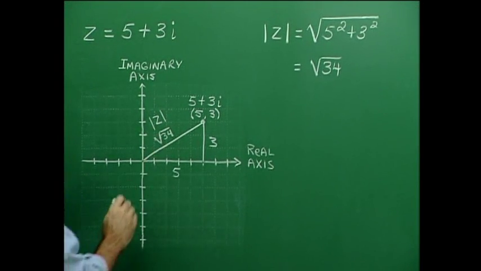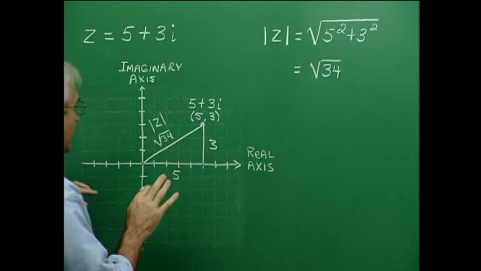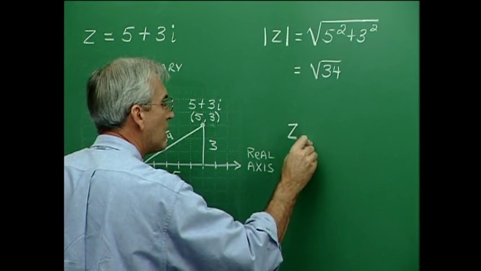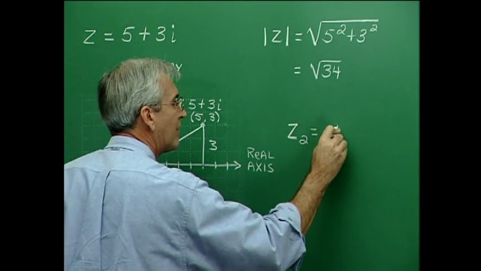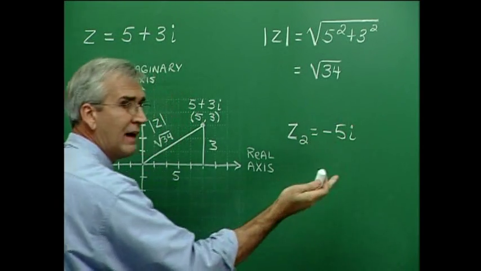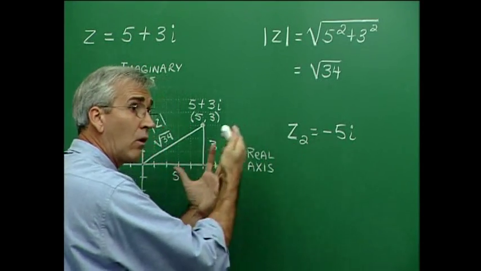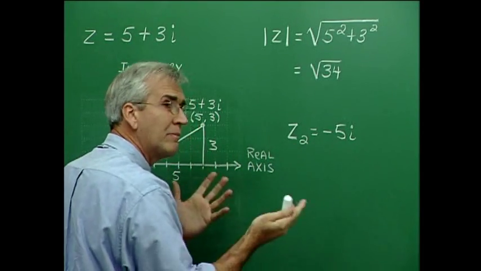Okay, now here's what we're going to do with this. Oh, before I get to something else, let's take another point. What about a point that I might define as z subscript 2, as negative 5i? Now, negative 5i, you know, there's no real part. So for the real part of our coordinates of this point, it would be simply 0.